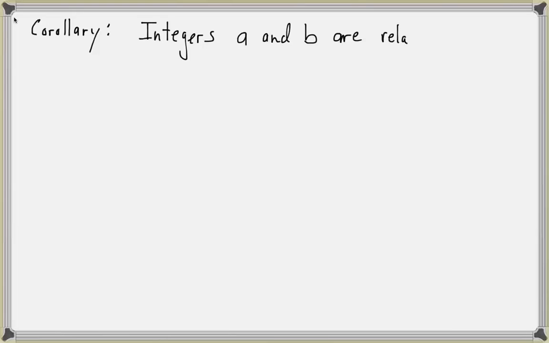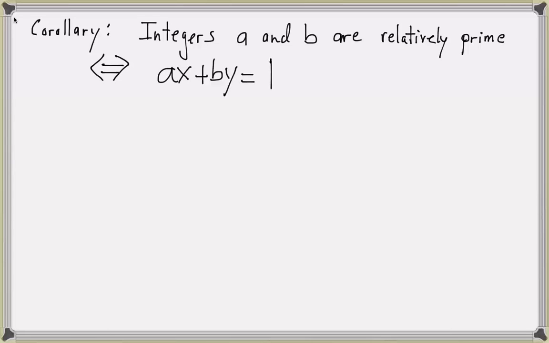Here's a useful corollary to this theorem. Integers A and B are relatively prime if and only if AX plus BY equals 1 has a solution.